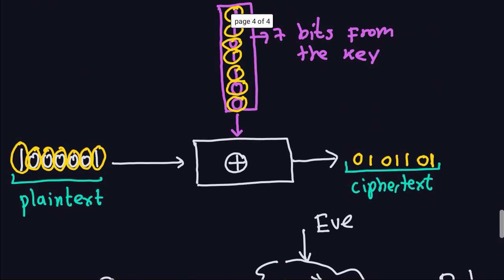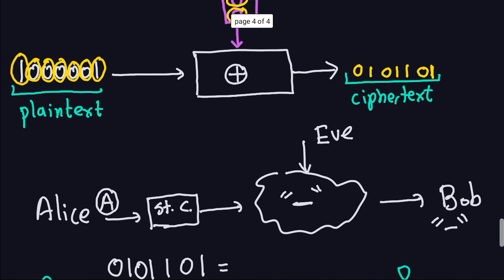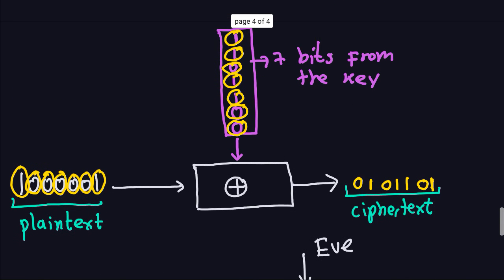Because he received 7 bits, he knows he has to get 7 bits from the key for the decryption, and those 7 bits are exactly the same as the ones in here. I'll explain the process of decryption in the next video.